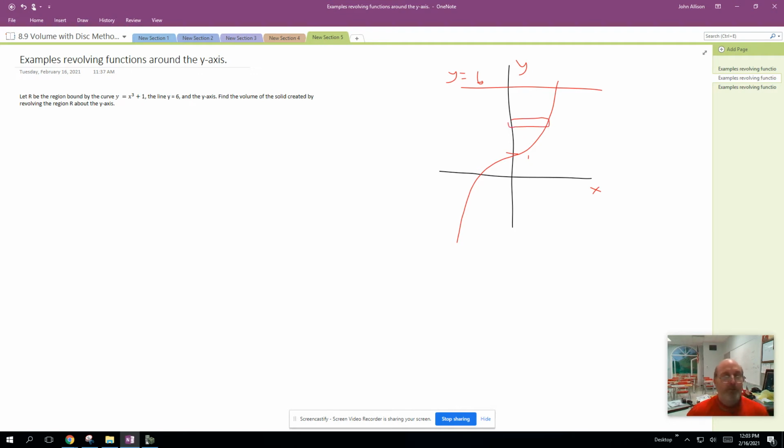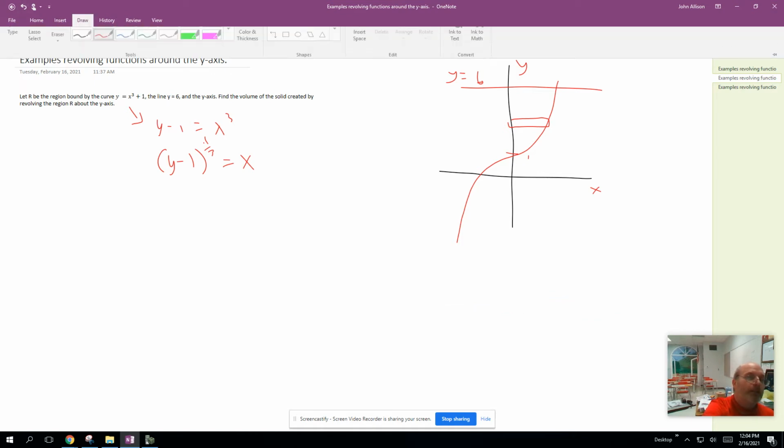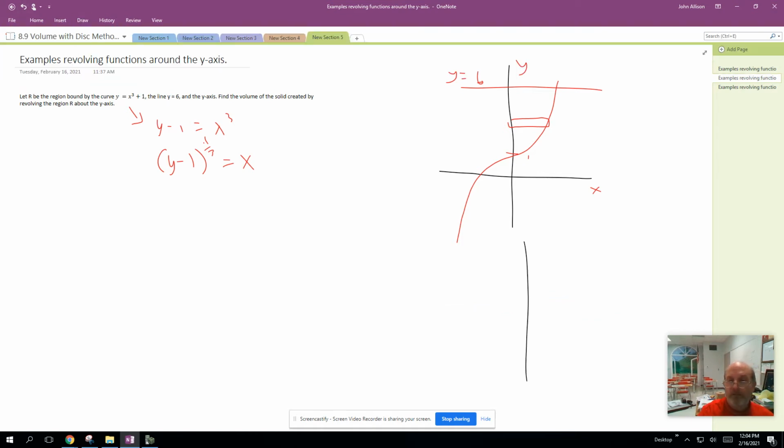Once again, I'm going to solve this equation for x so I can flip the axes. So I'm going to get y minus 1 equals x cubed. That means that y minus 1 to the 1/3, or the cubed root of y minus 1, equals x. So I'm going to sketch that graph. Where my y-axis is here now, my x-axis is here.